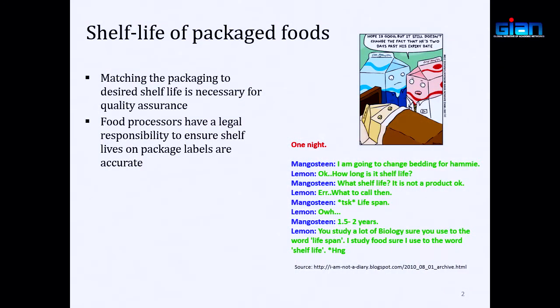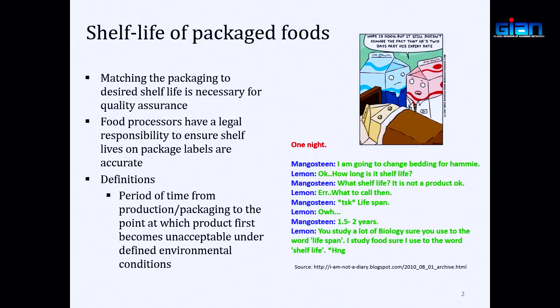And food processors have a legal responsibility to ensure shelf life on the package labels is accurate. So when you buy any packaged food, you must see some sort of a date on that. What kind of a date would you see there? Expiry date, right? What does the expiry date mean? That the product is going to be good before that date.